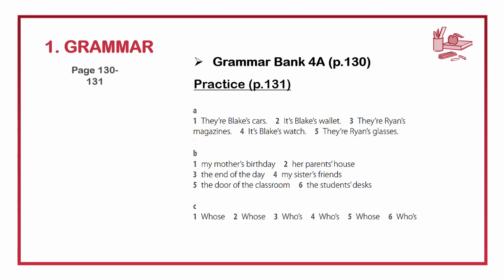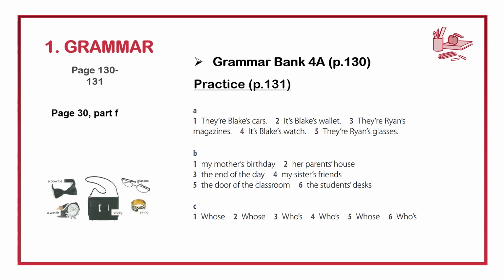So both of them possessive whose. 3, who's your favorite singer? 4, who's Kevin's girlfriend? So 3 and 4 are who is actually. Number 5, whose bag is this? Possession. Number 6, who's their English teacher? Who is.